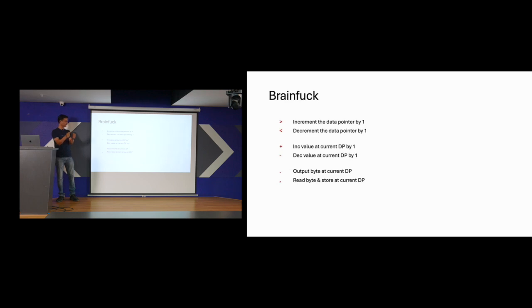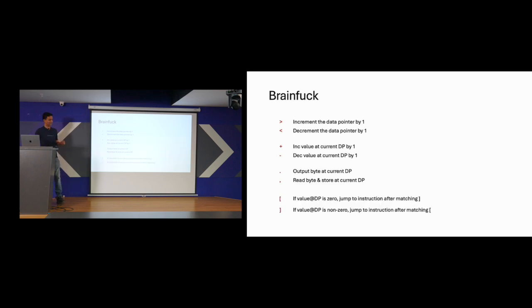Comma means read a value from the external world and store that byte at the current data pointer, wherever the current data pointer is pointing. Okay? All right. Lastly, an open square bracket means if the value at the data pointer is 0, jump to the end of the corresponding closing bracket.